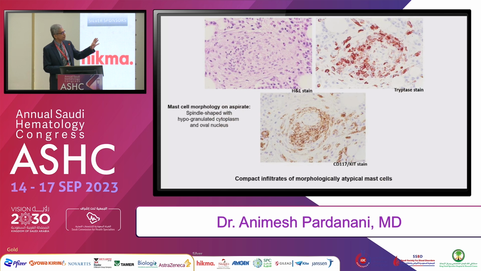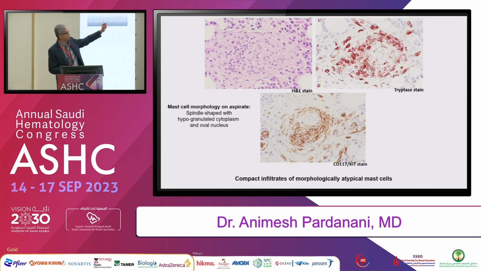So this slide shows you the major criterion. These are sections of bone marrow biopsy, and on the top left you can see an H&E stain. Now it's hard to see, but what you should be able to make out is a cluster of mast cells, and it's actually a whorl of cells. At the periphery, you can see that these mast cells are not normal round-looking mast cells.